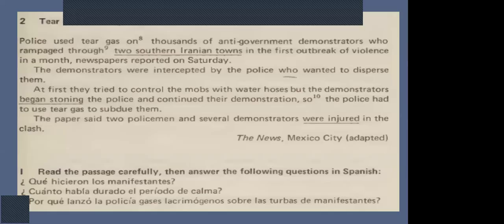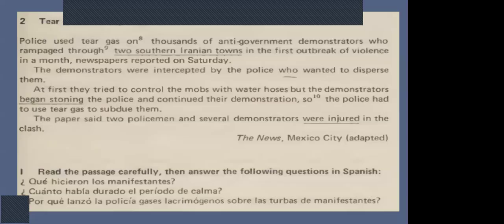For example, if I say atacaron, it's true that atacaron dos poblaciones del sur de Irán. Okay, but attack is not really it. Rampage could have one synonym as a verb, vandalizar, yes, but we don't know if it really happened that way, because it's a much worse situation.